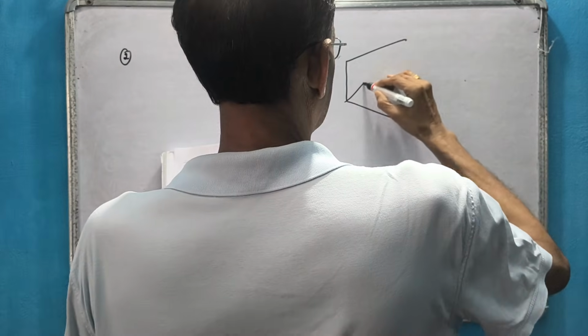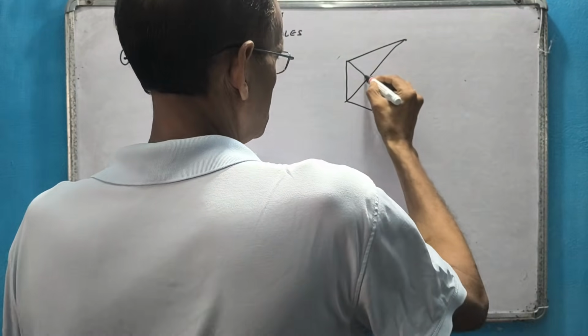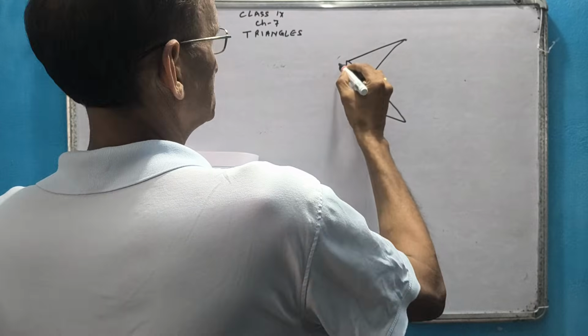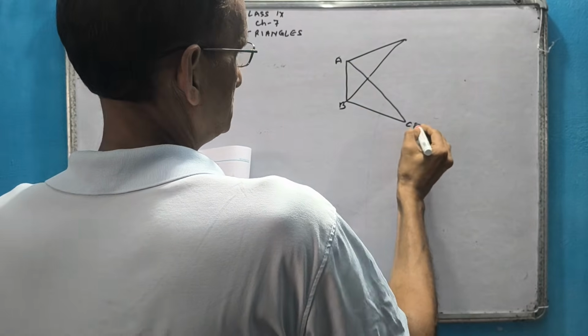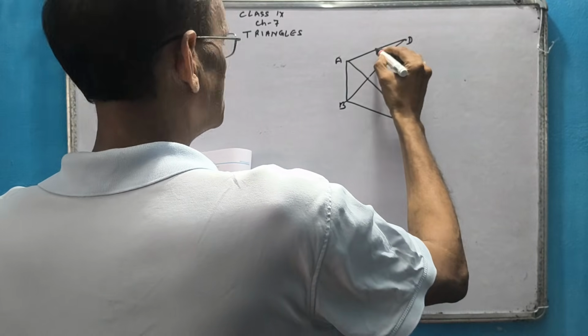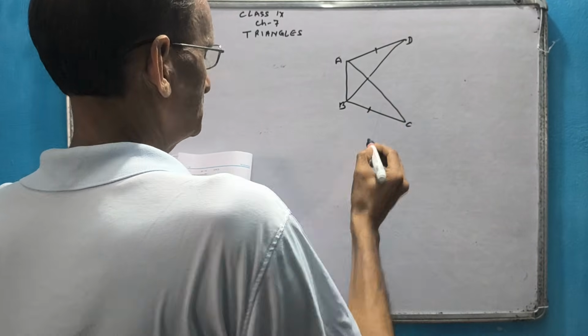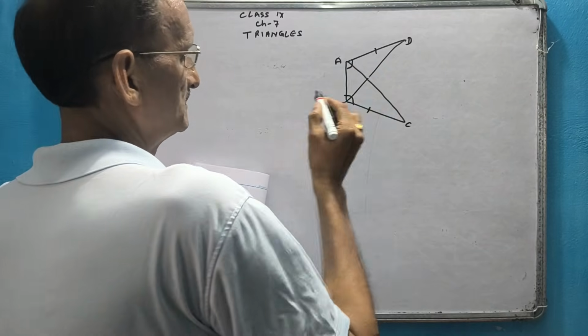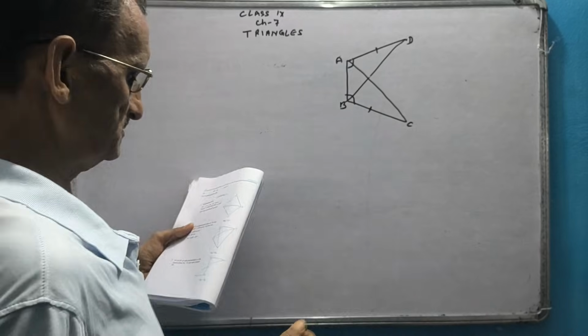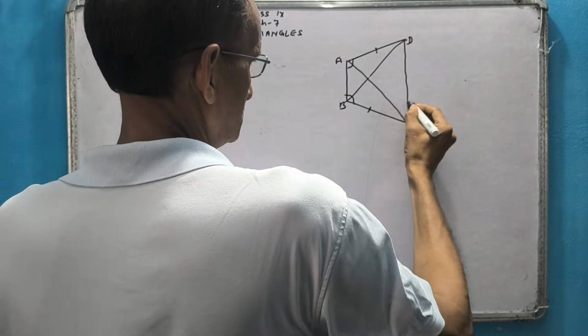This is joined to this and this is joined to this. This is A, B, this is C, this is D. Mark here, it will help you understand that equals are given. C and D are also joined.